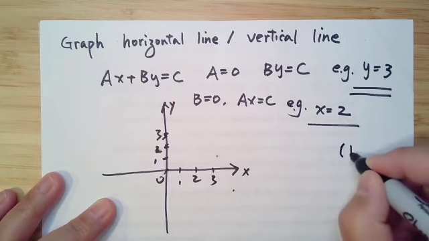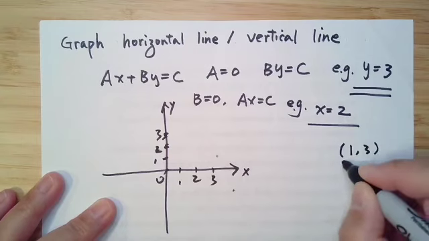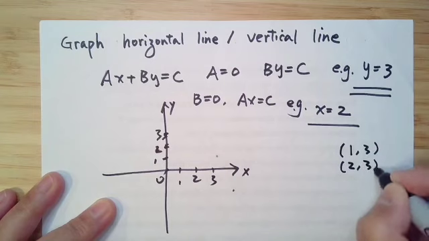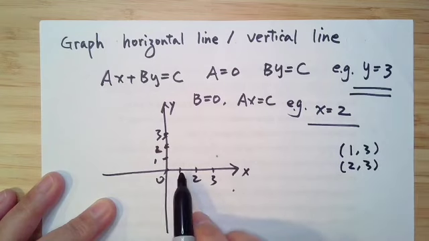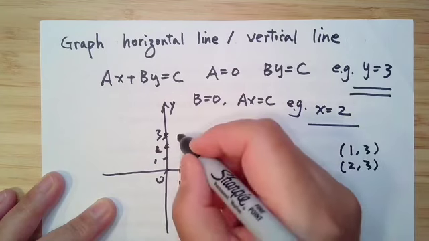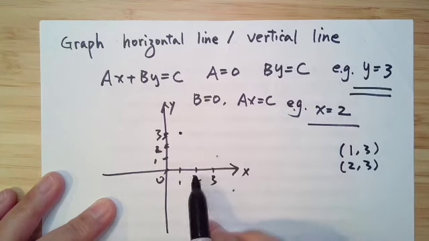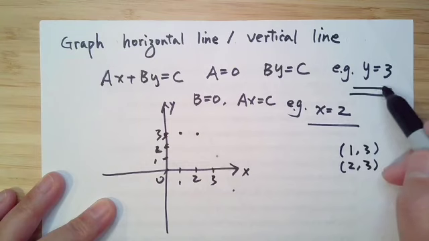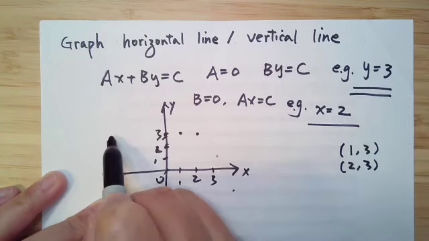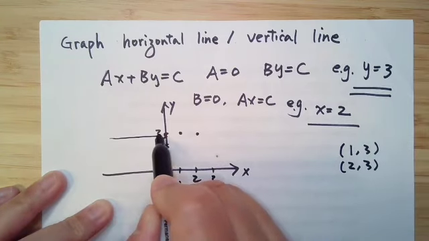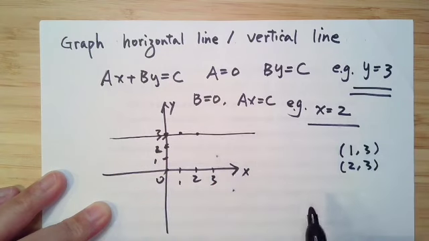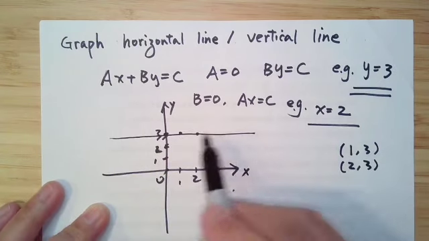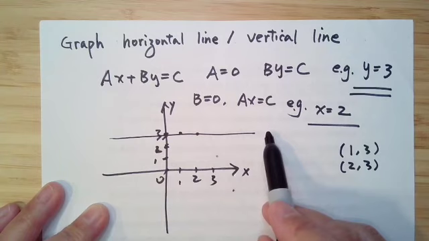So when x is 1, y is 3, and when x is 2, y is 3. If they didn't mention x, that means x can be anything. So what you get is going to be this one. This is a horizontal line.